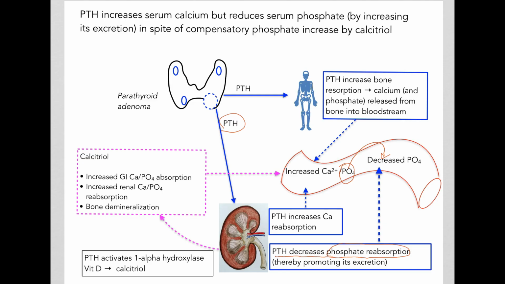So the net effect of PTH is that it increases serum calcium, but it reduces serum phosphate. So in primary hyperparathyroidism, we see increased parathyroid hormone, and we also see increased calcium.